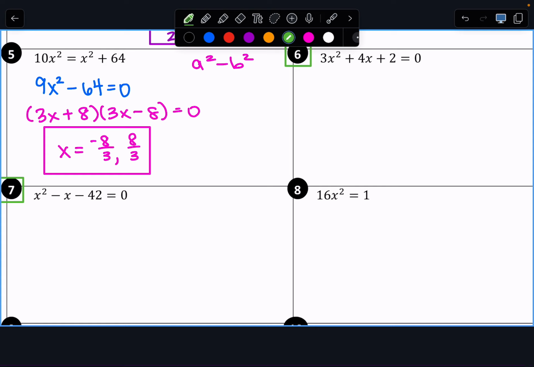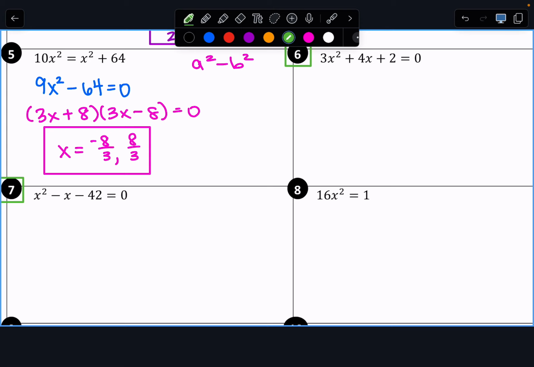Alright, so number 6. Done. What'd you get? You should talk about how you should solve it and then go through. I don't like the quadratic formula.